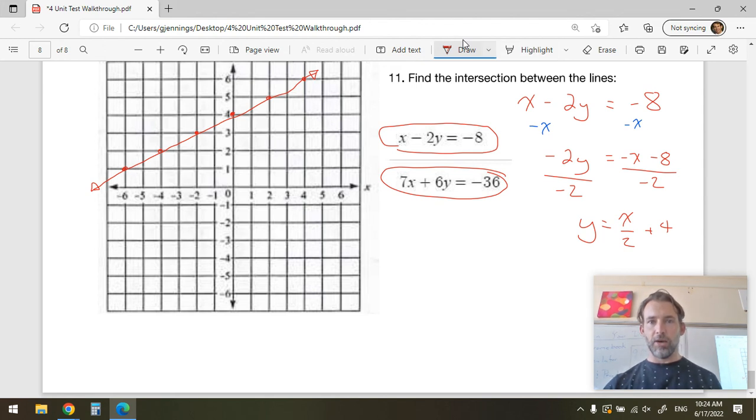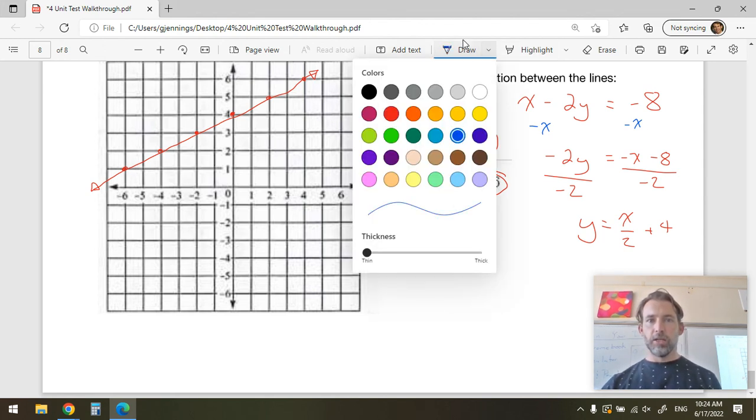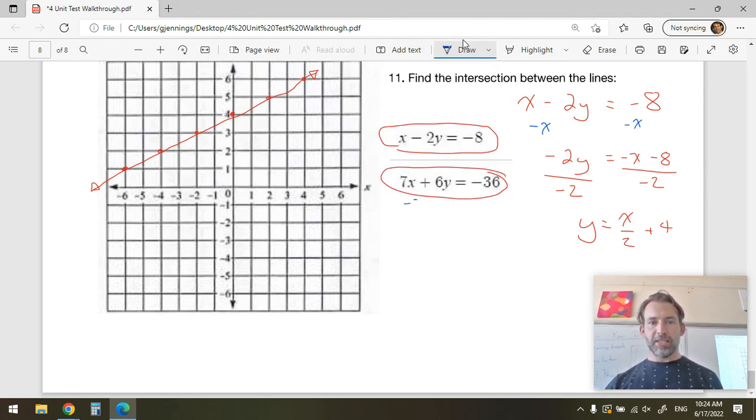Okay, so let's convert that one in a different color. First thing I'm going to do, subtract 7x from both sides. And then I get the equation 6y, the only thing left over there, is equal to -7x minus 36. And now I divide both sides of the equation by 6.